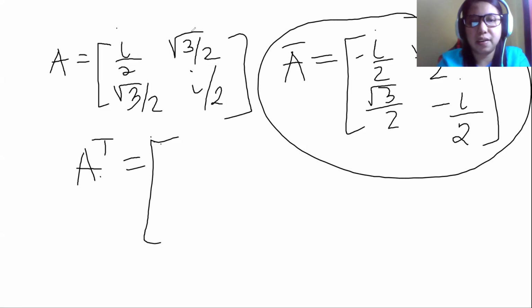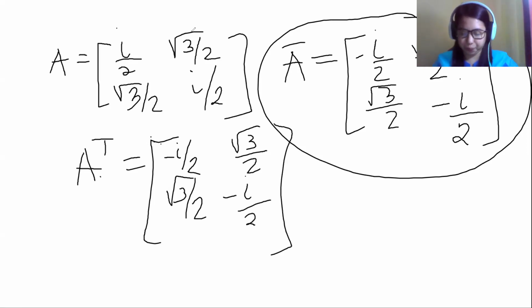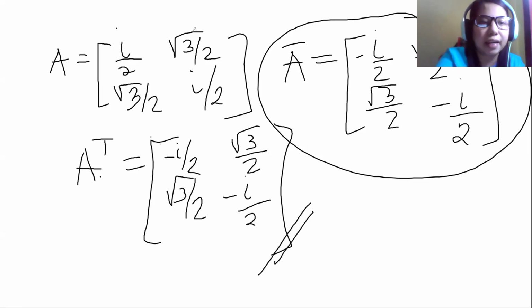So negative i over 2, negative 3 halves, next column, next row, I mean, square root of 3 halves and negative i over 2. Now, let's take note of this value. So this will be multiplied here.